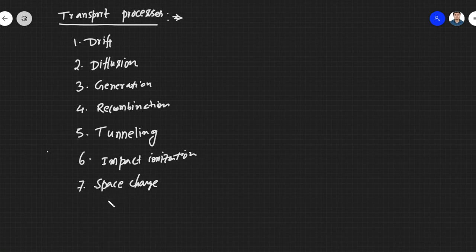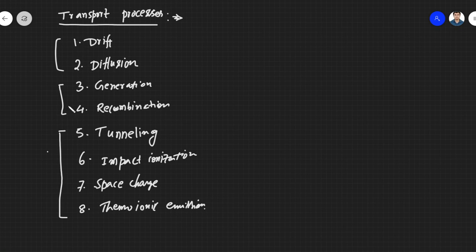And then we have thermionic emission. So these are the 8 major phenomena. The first two, drift and diffusion, are the major ones, then the next two, and then there are special phenomena. All these phenomena impact the carrier transport or the conduction mechanism in a semiconductor, right?